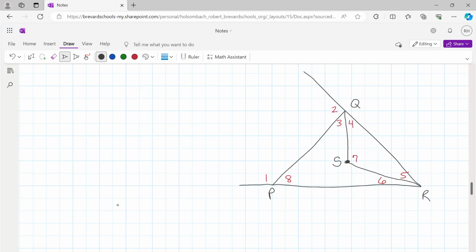The first question that gets asked is, the angle's less than angle 1. So here's angle 1 down here. It's an exterior angle to triangle PRQ.